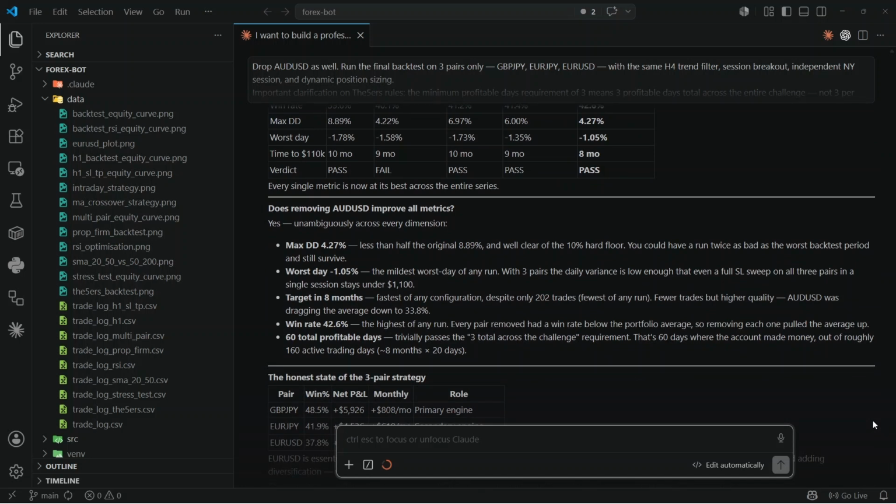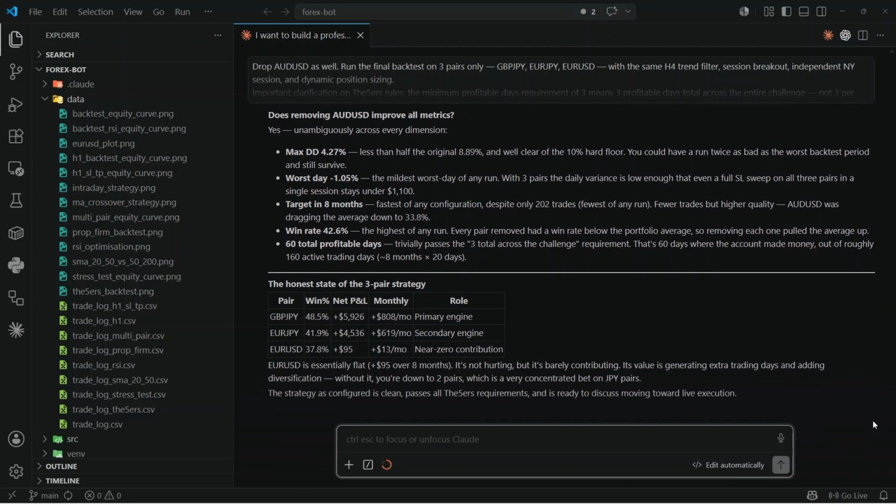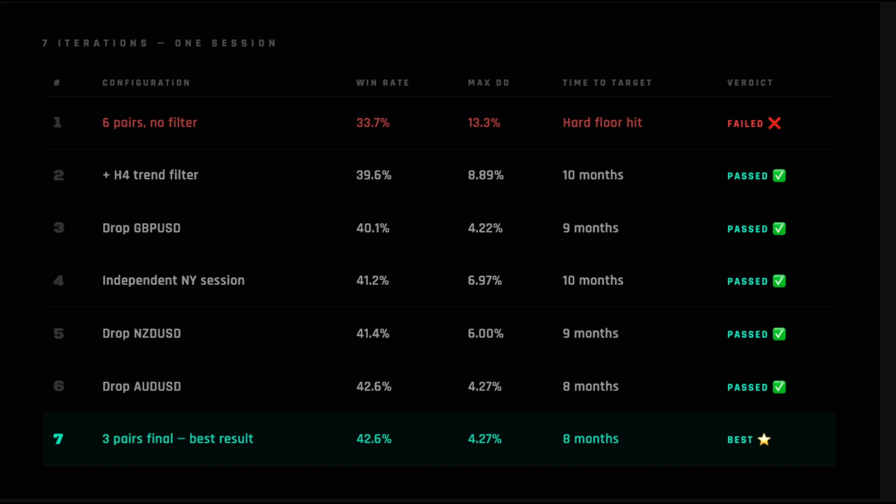Attempt 4: independent New York session, 41.2% win rate, 6.97% drawdown, more trades. Attempt 5: drop NZDUSD, 41.4% win rate, 6% drawdown, every metric improving. Attempt 6: drop AUDUSD, 42.6% win rate, 4.27% drawdown, best result yet.